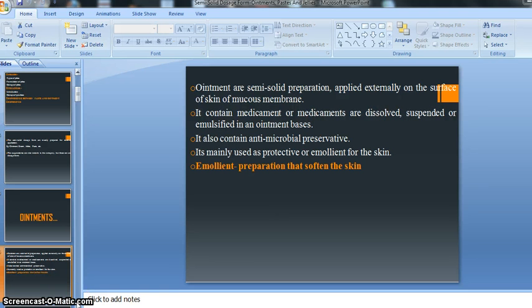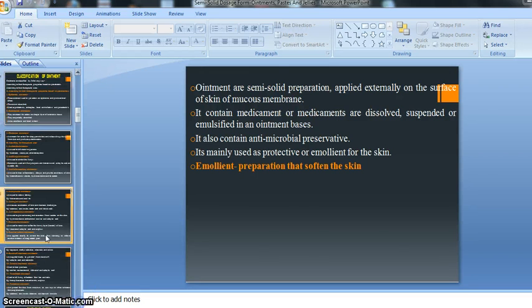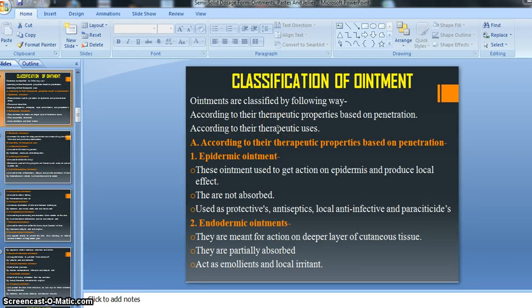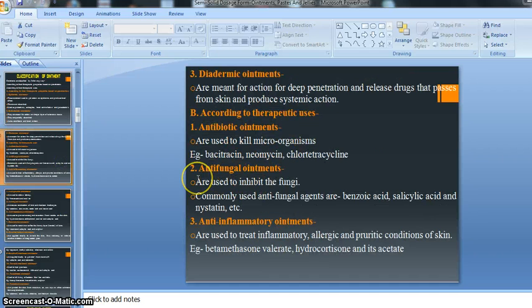We know that semi-solid preparations are applied externally on the surface of our skin, and ointments are mainly used as a protective as well as emollient for the skin. Our ointment is also classified according to its penetration properties and therapeutic uses. On the basis of penetration, it is divided into three parts. Then there is another classification according to therapeutic use.